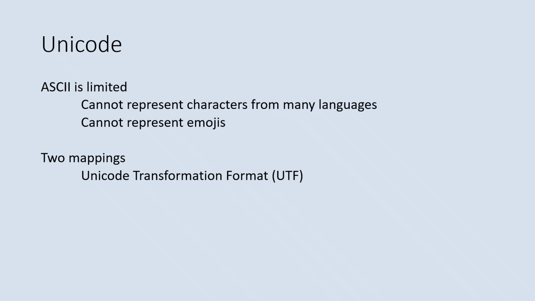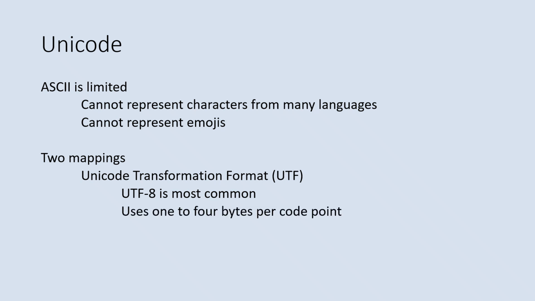And UTF then says how many bits are involved in the representation. UTF-8 is the most common mapping that's currently in use, and it uses 1 to 4 bytes per code point. A code point is a value and its character meaning.